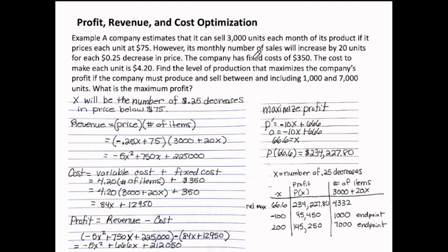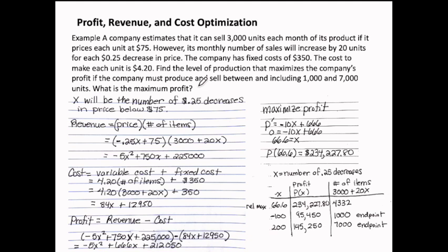The company has fixed costs of $350, and then on top of that, they have a cost to make each item that is $4.20. Find the level of production that maximizes the company's profit if the company must produce and sell between and including 1,000 and 7,000 items. Then we also need to find the maximum profit.